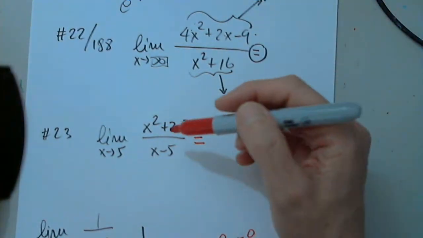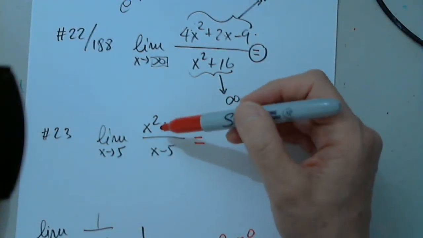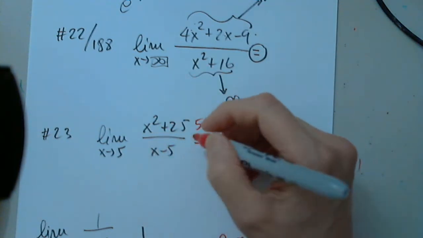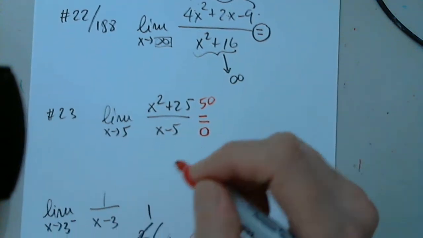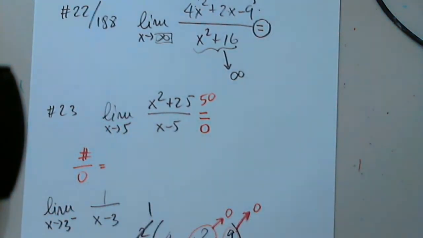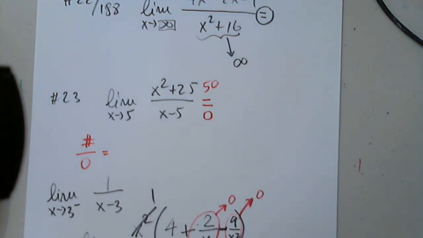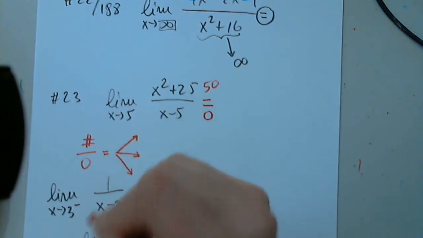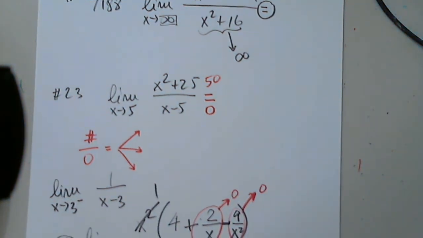Okay, well, I have to plug in. Well, 25 plus 25, this is 50. But 5 minus 5 is 0. What do we know about a number over 0? What are the options for a number over 0? DNE. No. There are 3 possibilities.